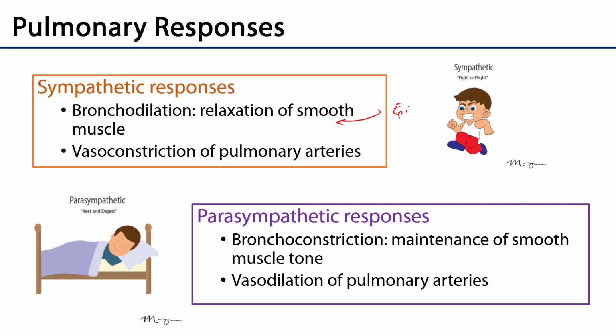In addition to this, there will also be respiratory responses, but these aren't modulated by the pulmonary plexuses. So any increase or decrease in rate of respiration comes from the brainstem directly, and not the pulmonary plexuses.